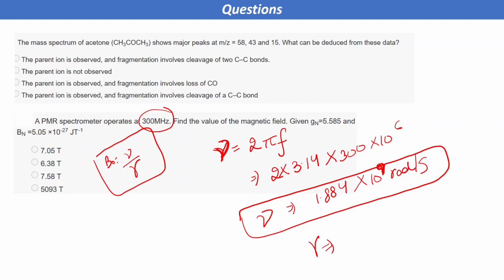Now we can calculate the gyromagnetic ratio. For the gyromagnetic ratio, the values of Gn and Bn are given.